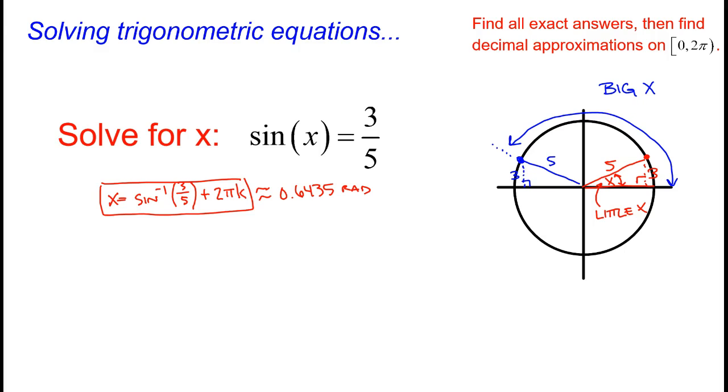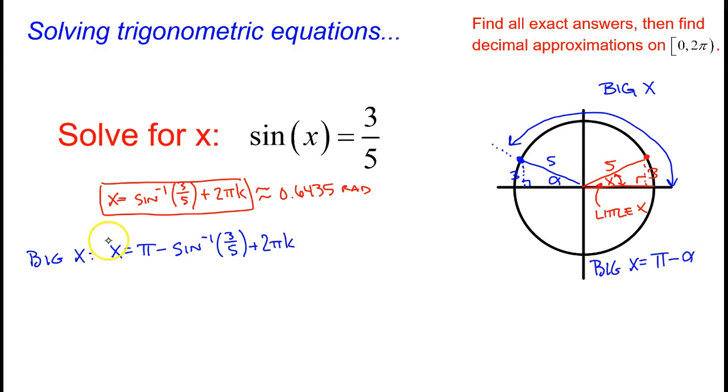Let me call this angle right here alpha. Big X is going to be equal to pi minus alpha. Alpha is really the same as little x, so I can express big X as pi minus little x, which was sine inverse of 3/5 plus 2 pi k.